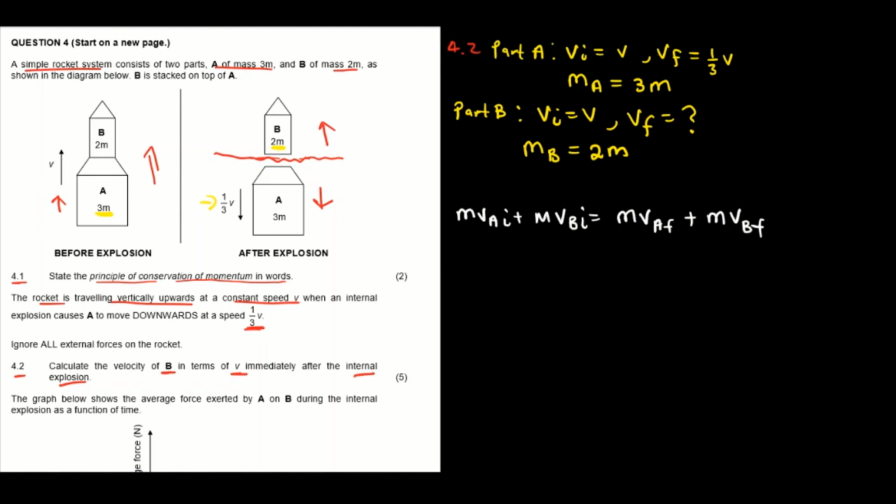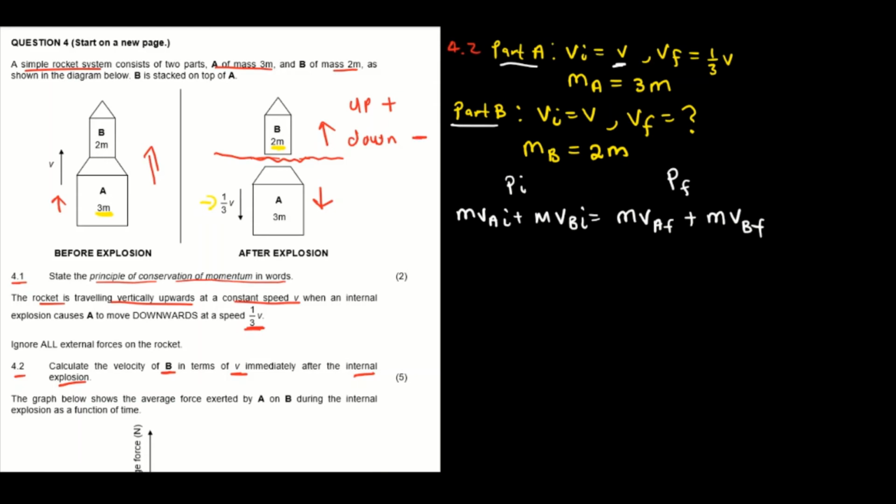So you're going to use this momentum equation. Now, before we substitute the values of part A and part B, we first need to make an assumption that upwards is positive and down is negative, right?